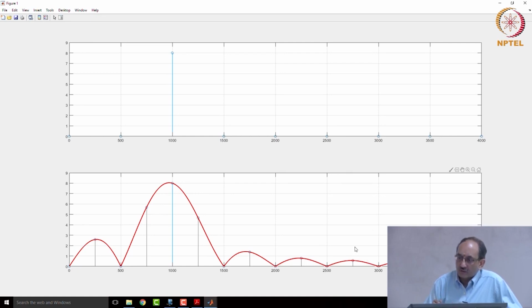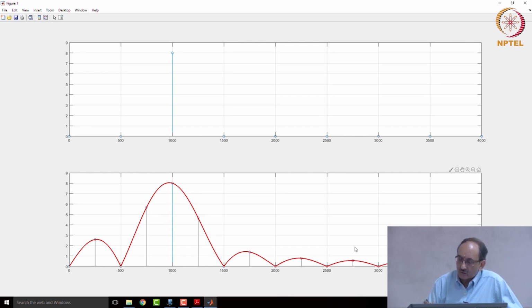Therefore, these are some of the things that you can draw from this simple example and some of the intuitive arguments that we have made, and you can verify this in MATLAB. You can create sinusoids, you can create a weak sinusoid, add to this and then look at the spectrum and so on.